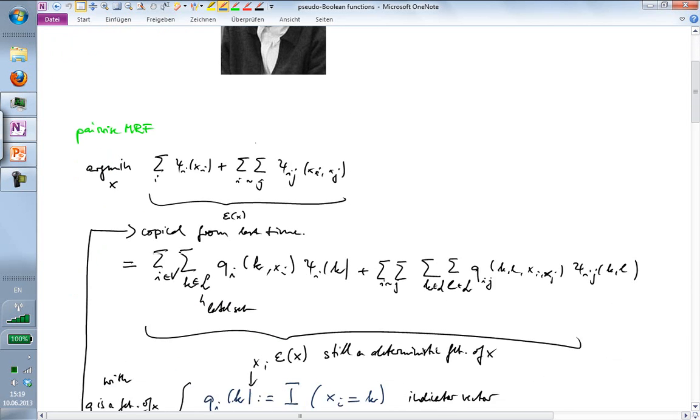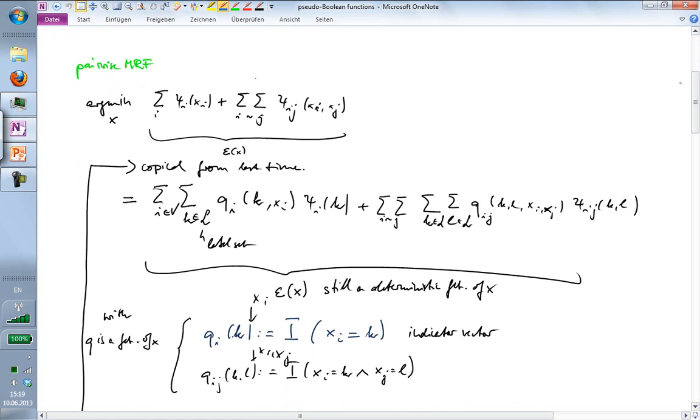So I copied down from last time the MAP, the maximum a posteriori problem for a pairwise Markov random field.